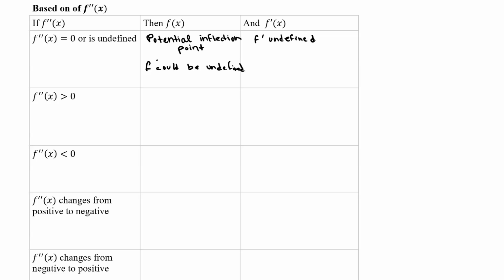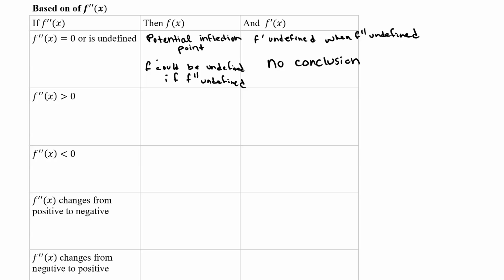So if f double prime is undefined, then the first derivative is also undefined. And at equal to 0, we have a potential inflection point, but we can't draw any conclusions about the first derivative at that point.